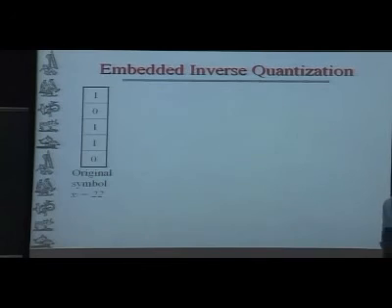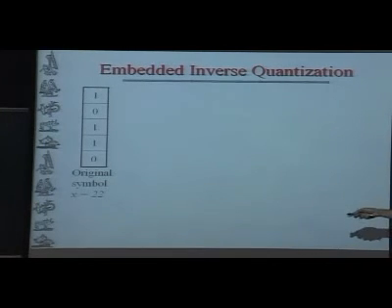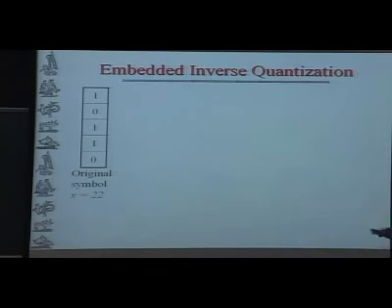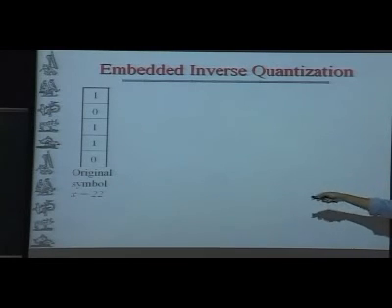So let's take this original symbol. Suppose that x coming into the quantizer has value 22. I don't have a sign bit now, so let's ignore the sign bit. So this 22 is 1, 0, 1, 1, 0.